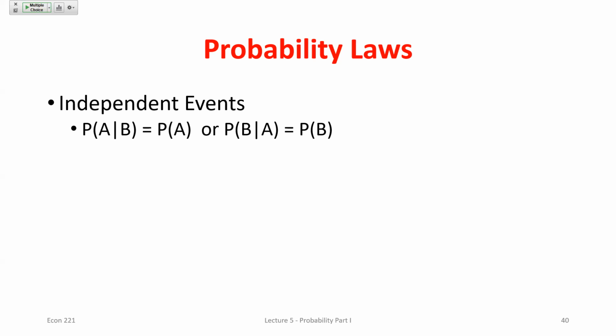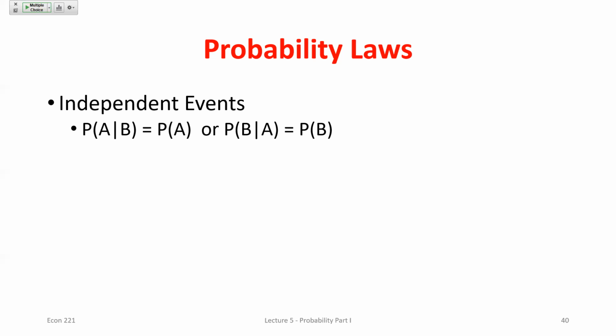The reason that can occur is because if we look at the entire experimental outcome space, half of the outcomes are in event A. So the proportion of the total outcomes that are in event A is 0.5, 50%.